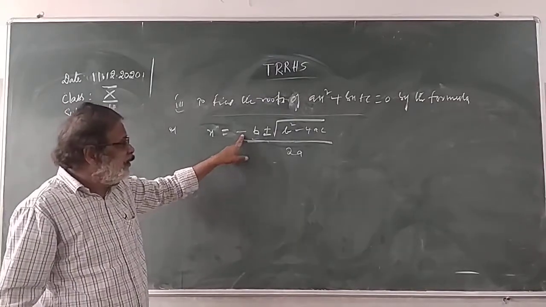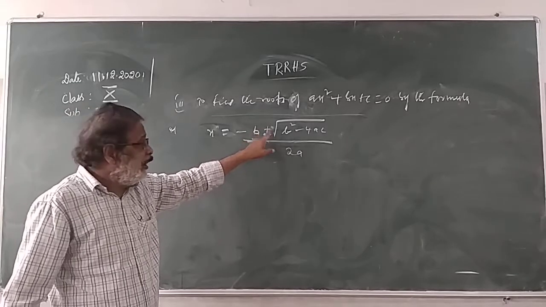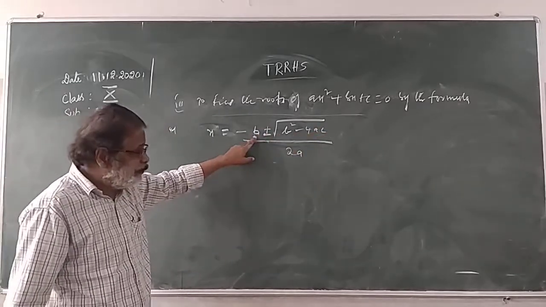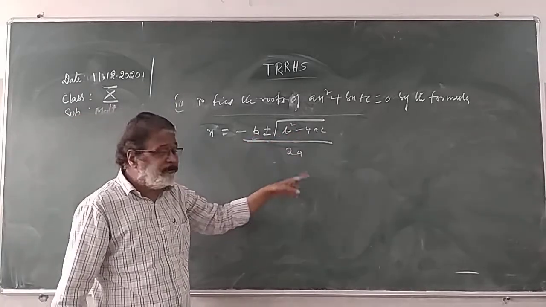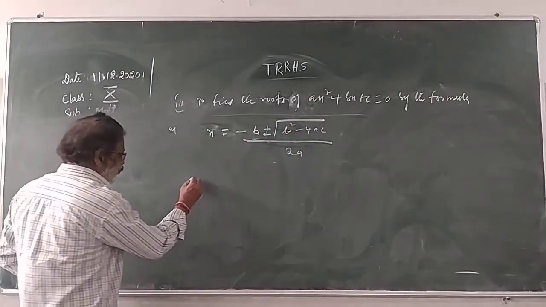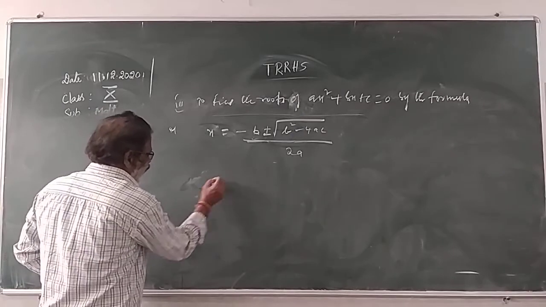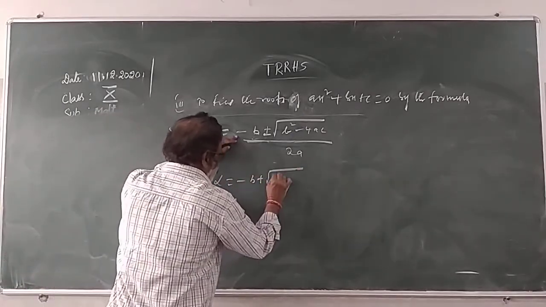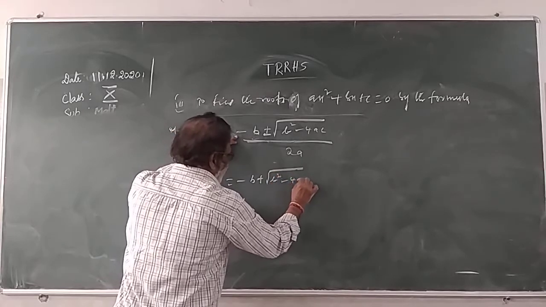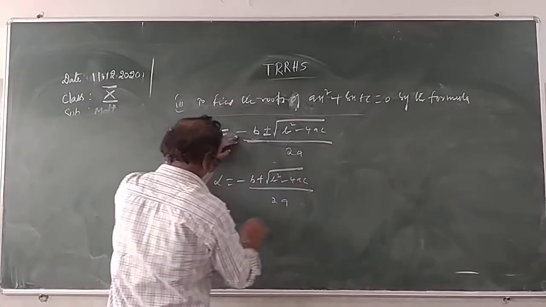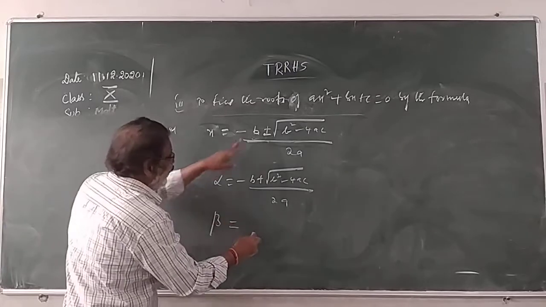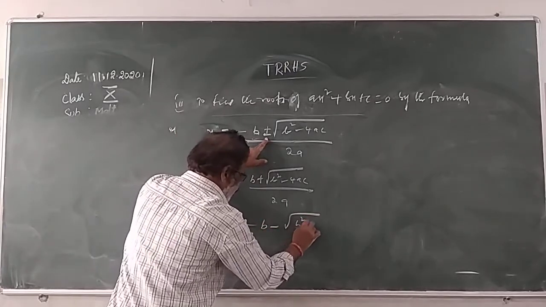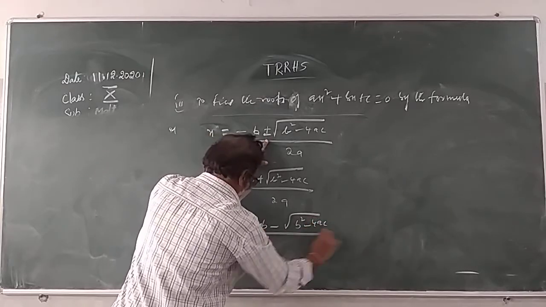Alpha is minus b plus under root b square minus 4ac whole by 2a. Beta is minus b minus under root b square minus 4ac whole by 2a.